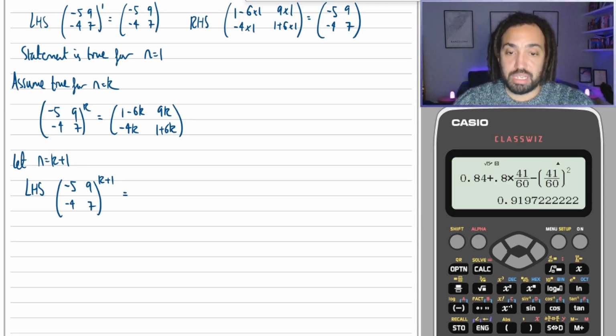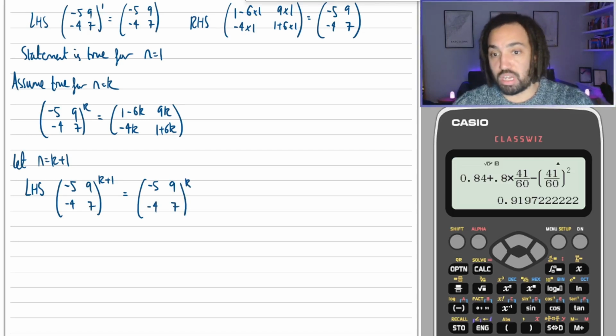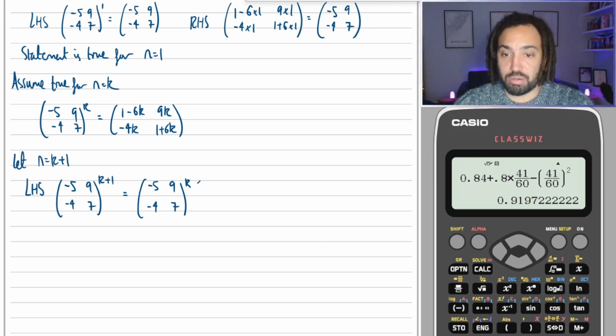Okay, so what does this mean? Well, this means that I need to raise this matrix, or times this matrix by itself, k plus 1 times. So what I can do is I can raise it to the power of k, but then I need to multiply it one more time in order to make it k plus 1 the power. So I can write here multiplied by one more time, like so.